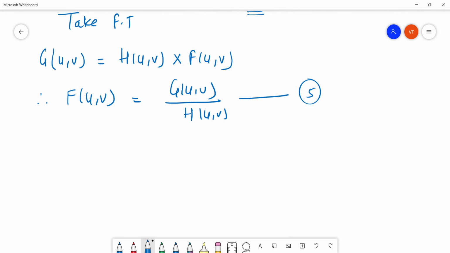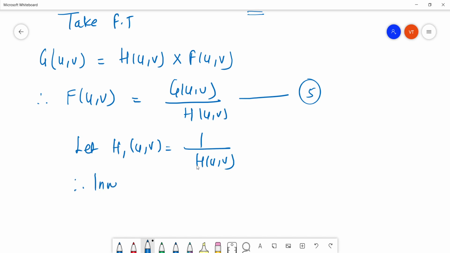Now we'll assume one variable, let H1 of u,v be equal to 1 upon H of u,v.